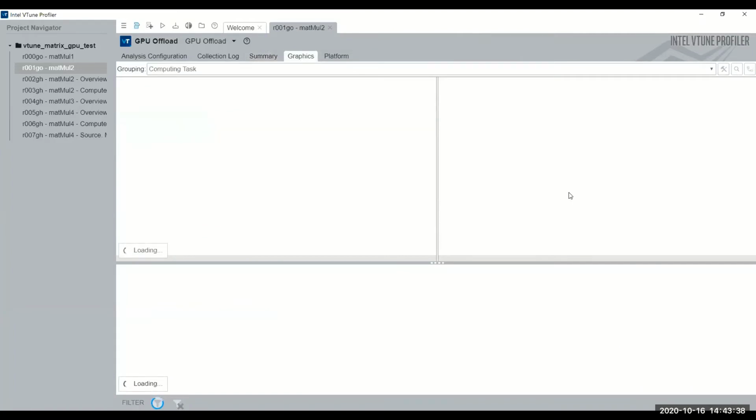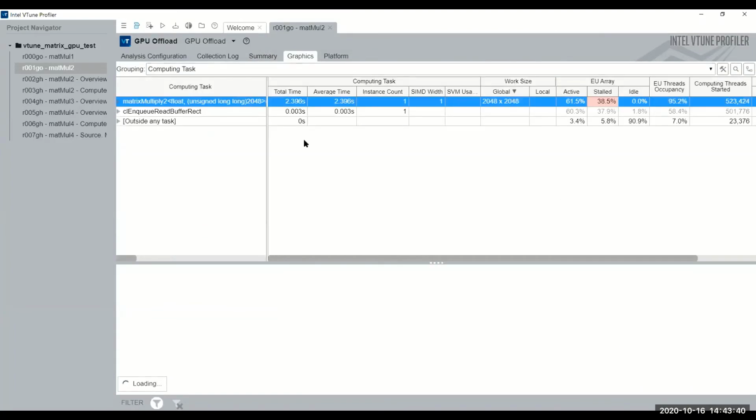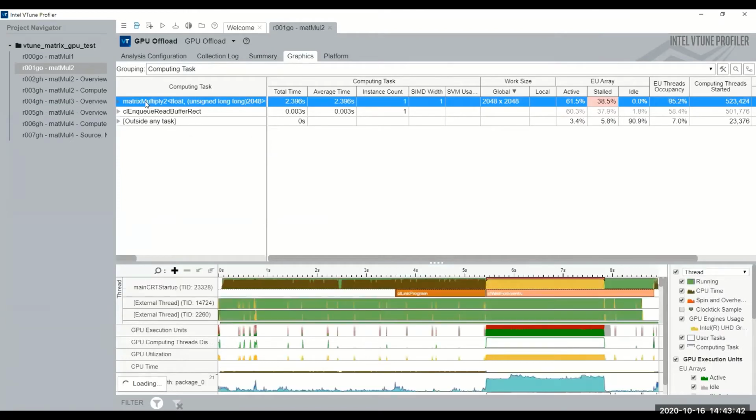Let me switch to it. Again, we have only one kernel being executed in this application, and VTune provides this aggregated view for this kernel. This kernel was called just once, which is why the instance count is 1, and it provides the time for this kernel execution.